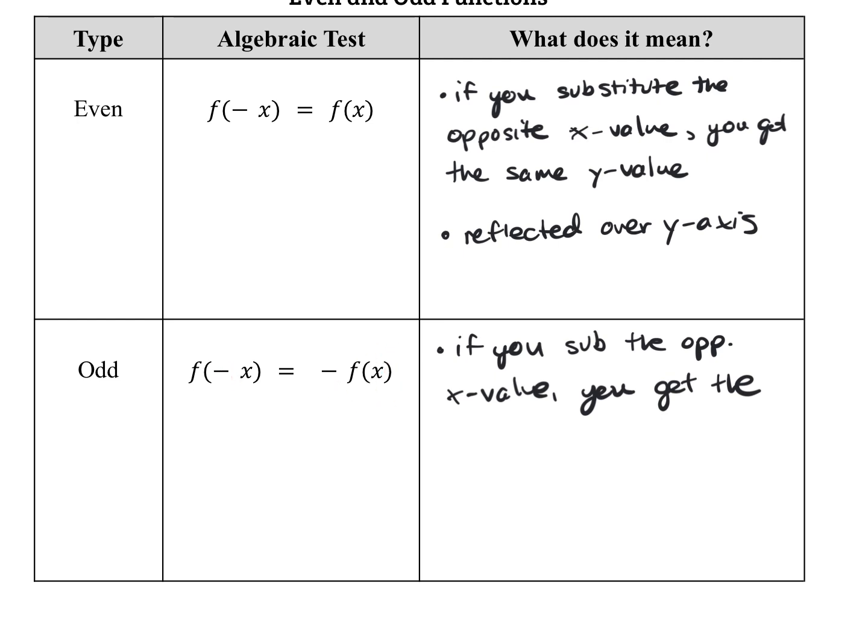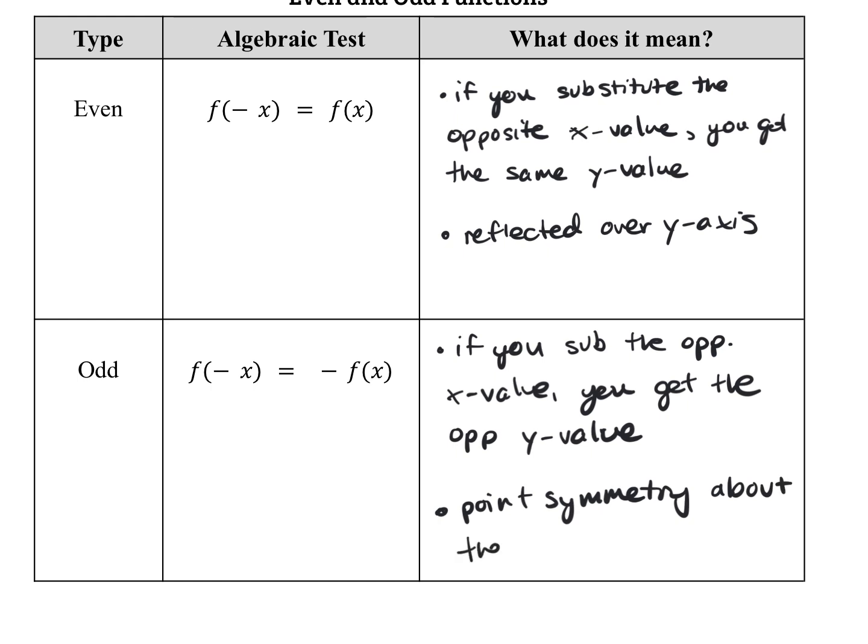So plugging in the opposite x value gives you the opposite y value. Graphically, you can tell if a function is odd if it has point symmetry about the origin.